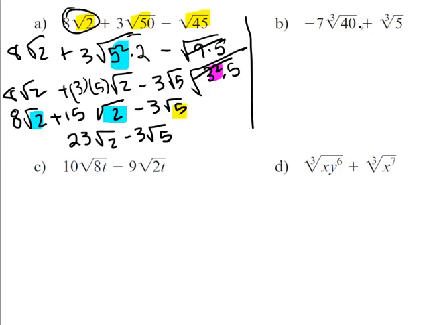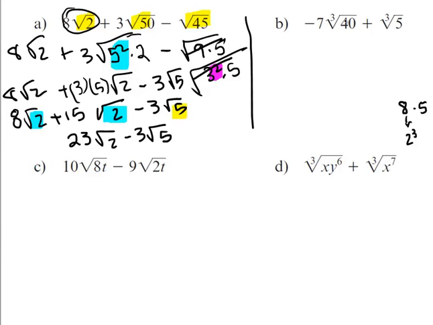So let's take a look at this. Again, at first glance, the cube root of 40 and the cube root of 5 have nothing to do with each other. But 40 has the factors of 8 and 5, right? And 8 is the same as 2 cubed. I'm going to admit, because I saw the 3 in the index, I thought, well, what's in 40 that's a perfect cube?